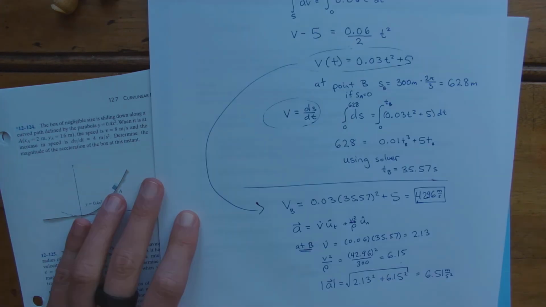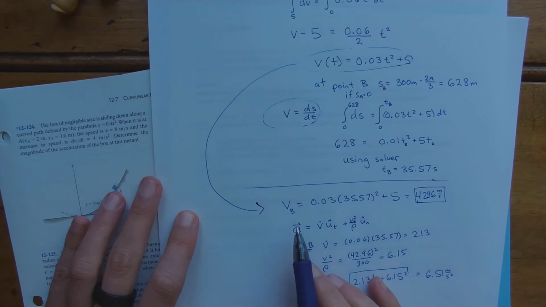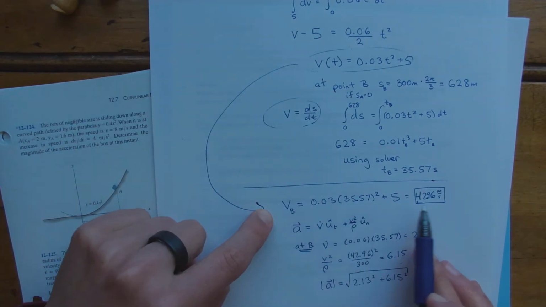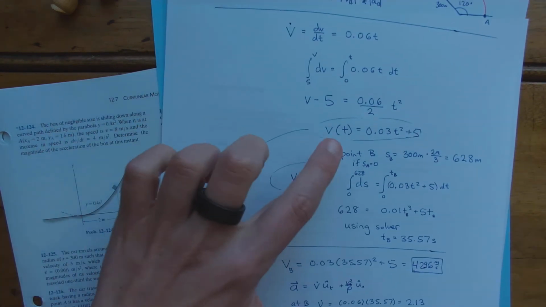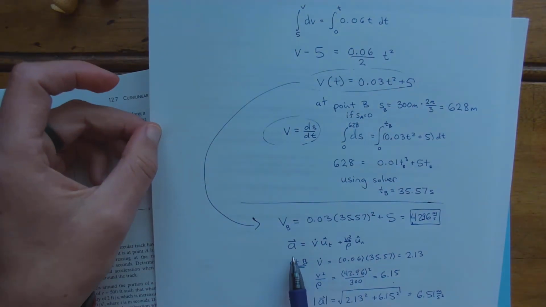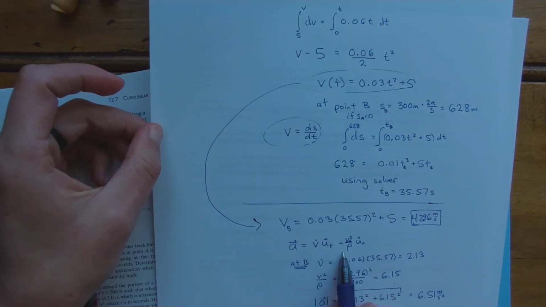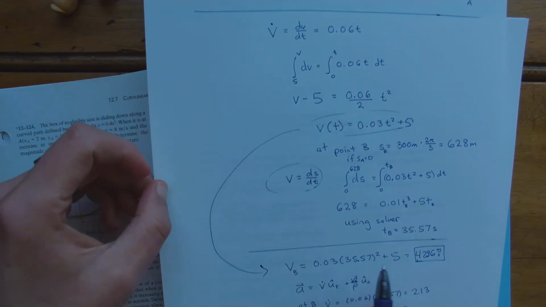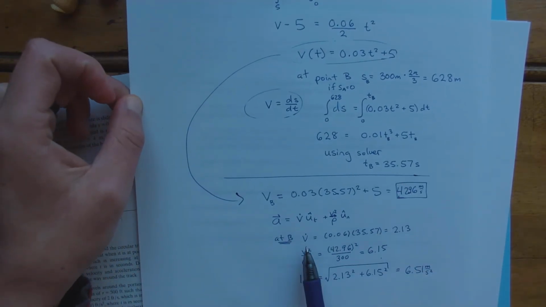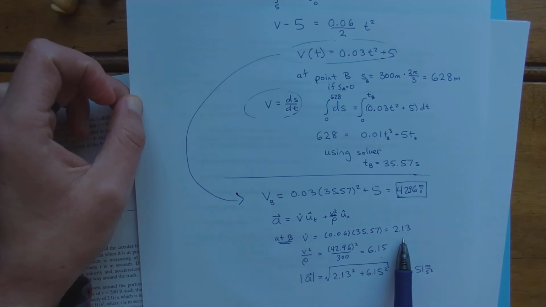Okay, so here we go. We need to know the velocity at point B, so I take this equation, I plug in the time at point B, I get 42.96. That is the velocity at point B. Okay, then for the acceleration, I have this vector here, and v dot I have an equation for, so I plug in the time at point B to get v dot at point B, and that's 2.13.